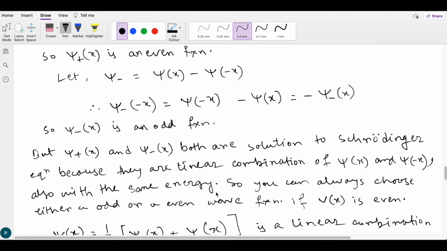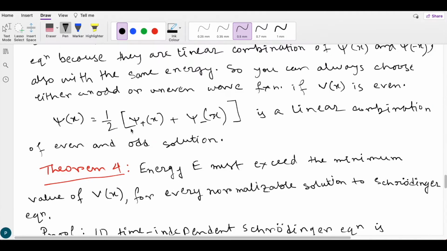So we can always choose either an odd or an even wave function, or we can write psi(x) as half of psi plus plus psi minus, which is a linear combination of even and odd functions.